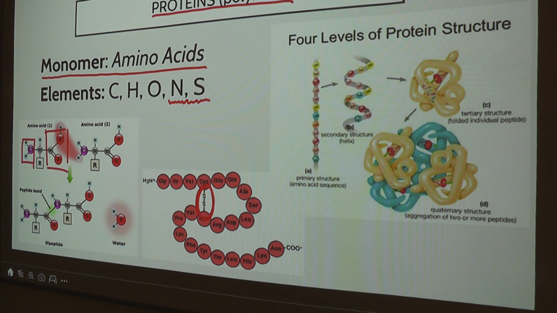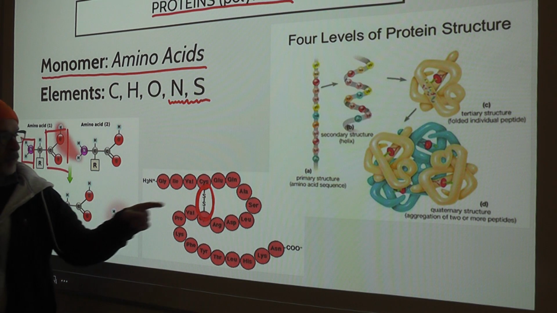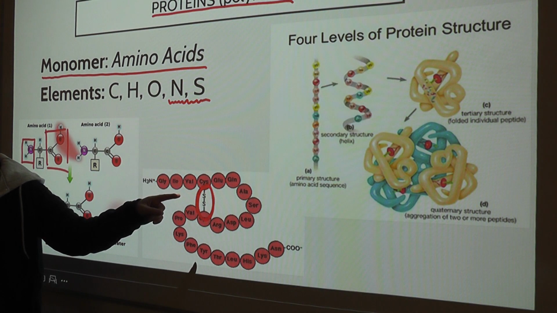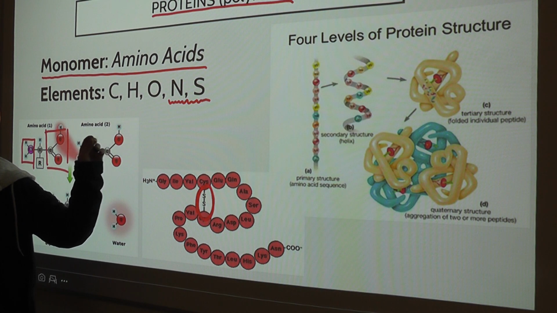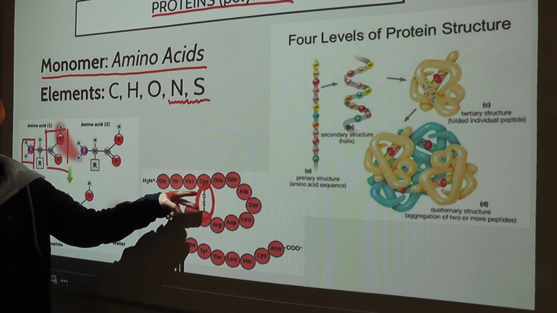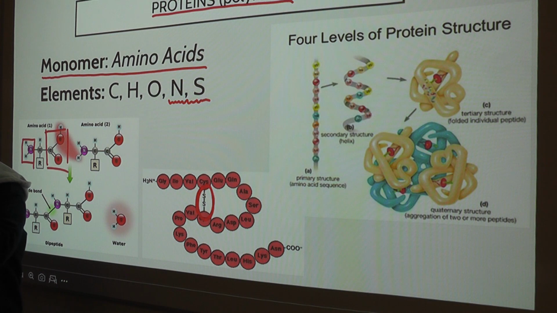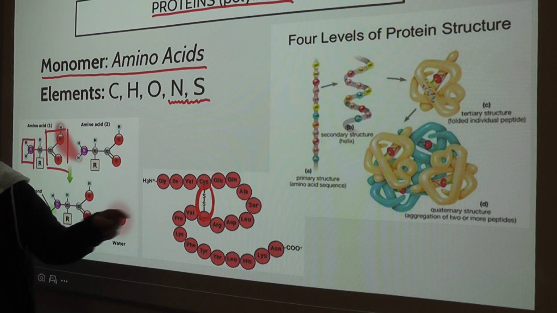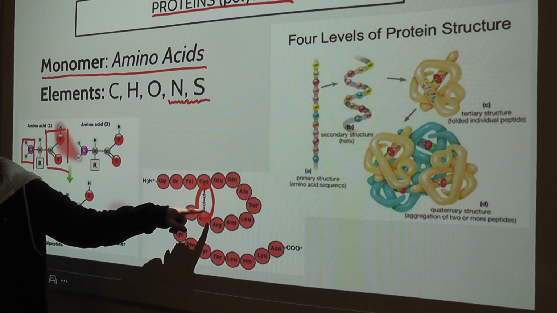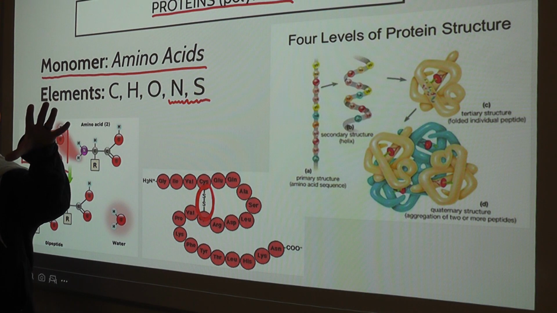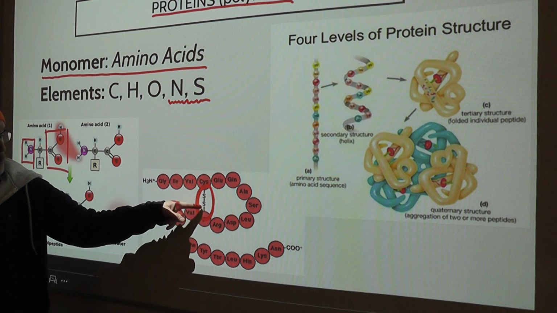Your hair is curly in part because these sulfur bonds kind of stick together. Hair is protein, and so people who have curly hair have these sulfur bonds connected. If you know somebody who's straightened their hair, the process of straightening breaks these bonds temporarily, and so your hair kind of uncurls, but the sulfurs are still there.